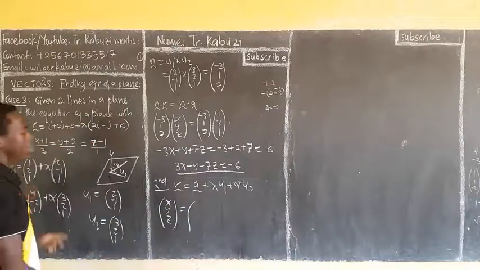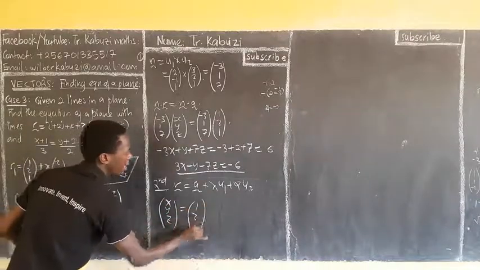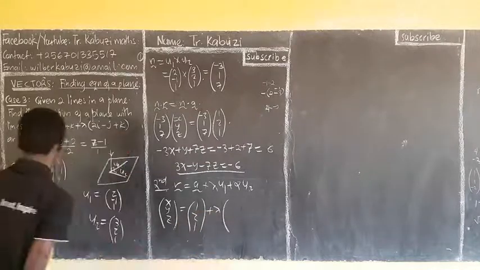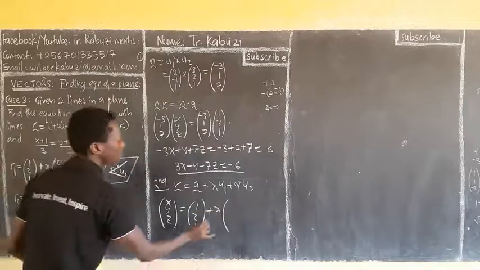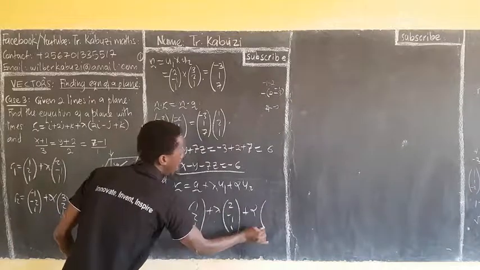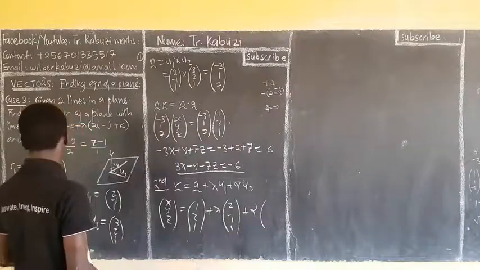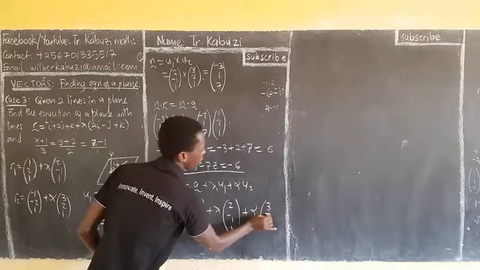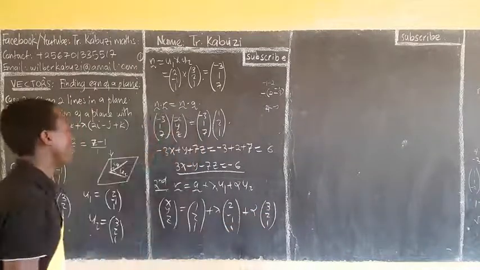If I take a point 1, 2, 1, then plus lambda, u1 is 2, negative 1, 1. Then plus alpha u2, my u2 was 3, 2, 1. So can I form now equations?